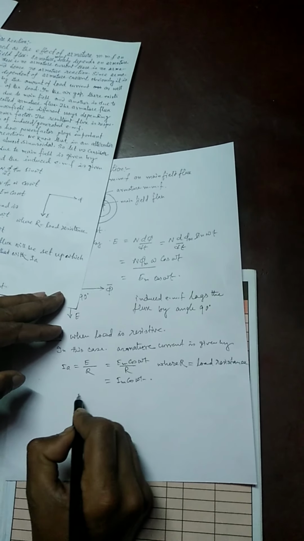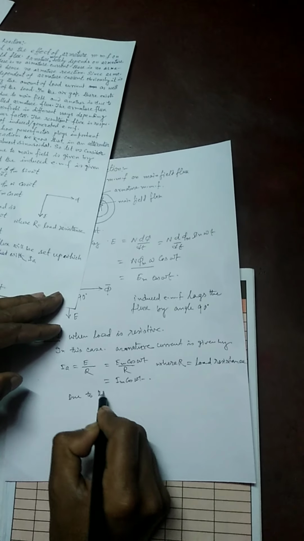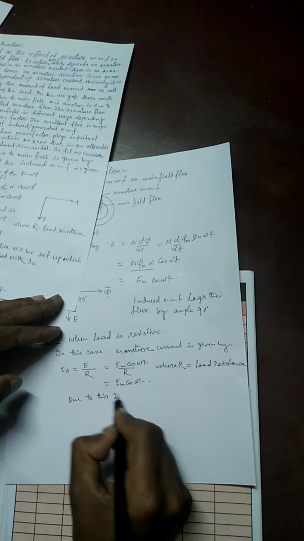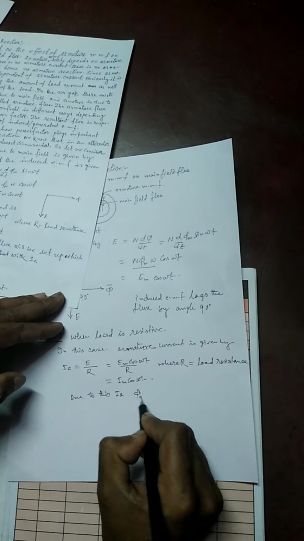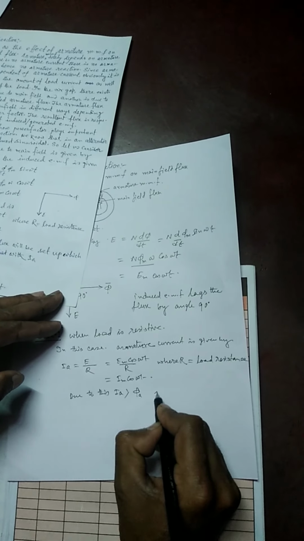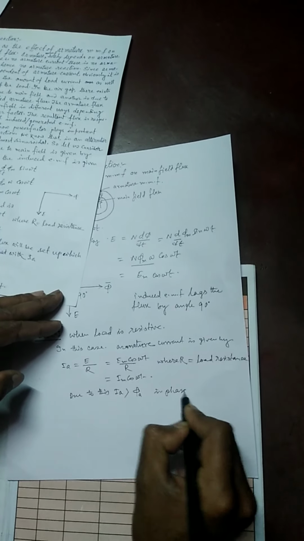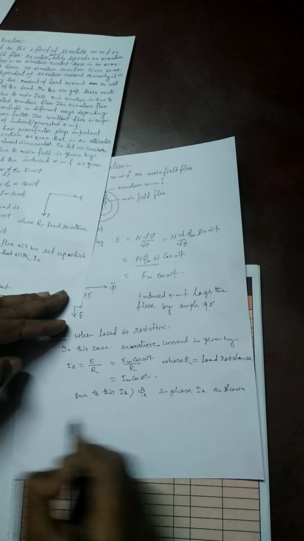Due to this Ia, there will be an armature flux phi A, which will also be in phase with Ia as shown in the phasor diagram.